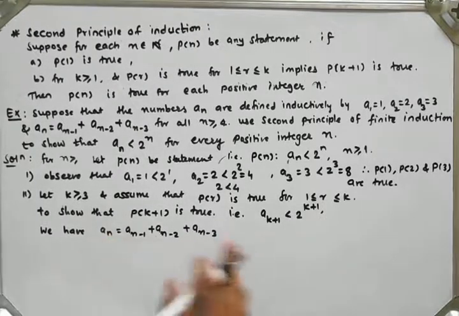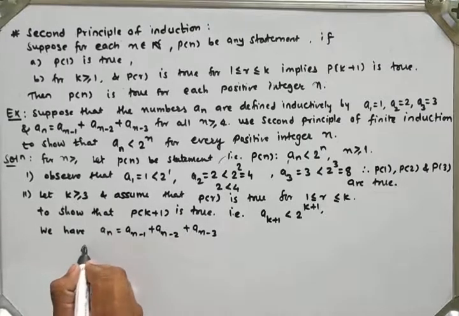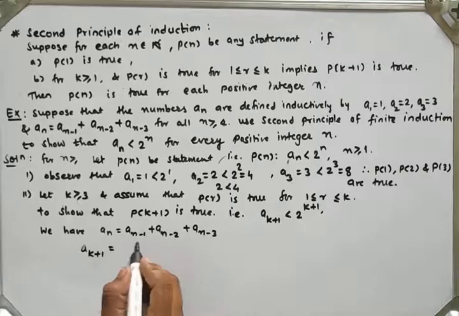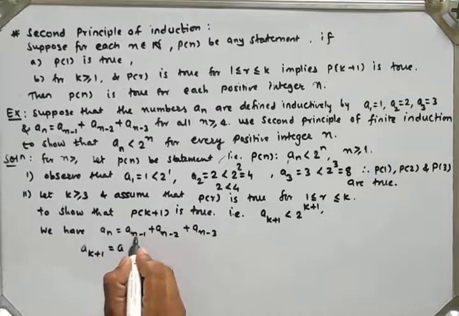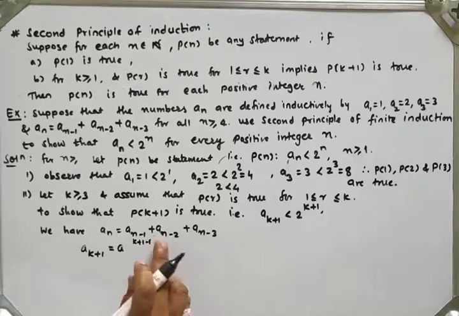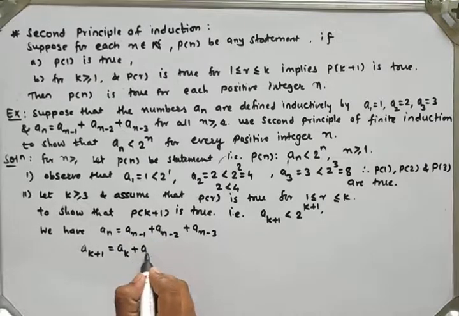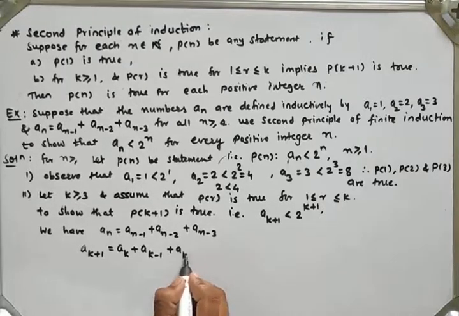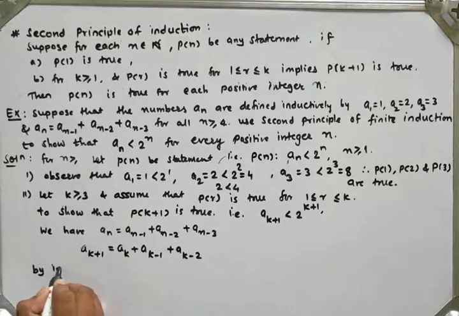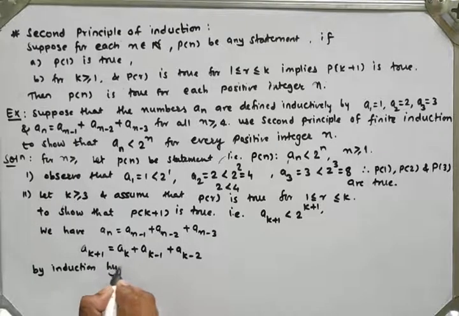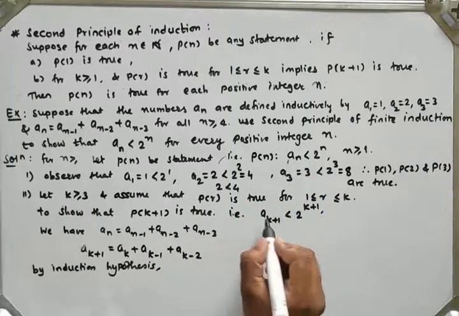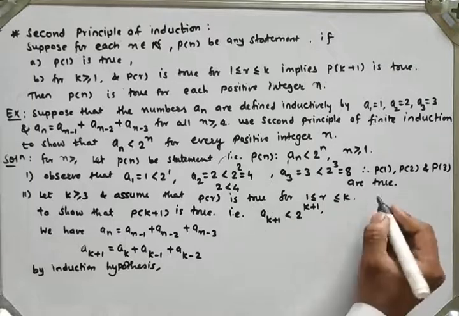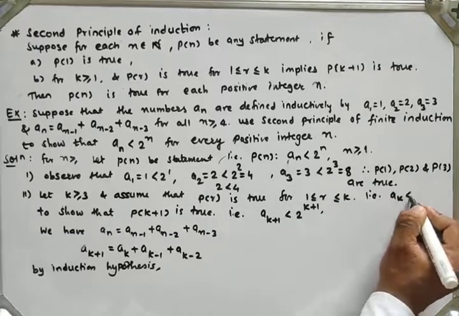I will replace n by k+1. Then a(k+1) equals a(k) plus a(k-1) plus a(k-2), since k+1 minus 1 gives k. By the induction hypothesis, the result is true for all r up to k, that is ak is less than 2 raised to k.